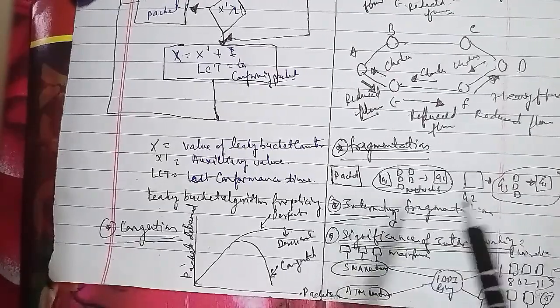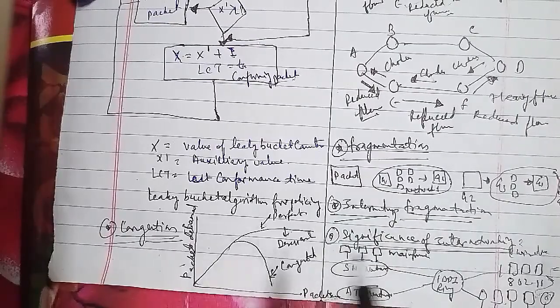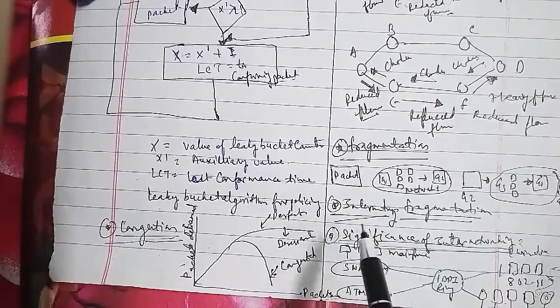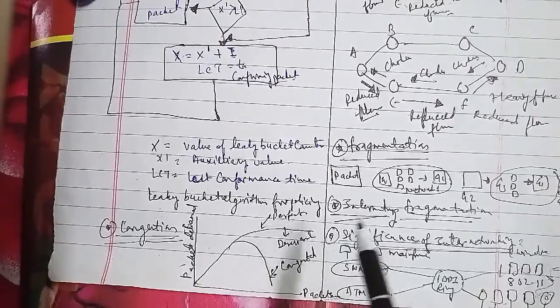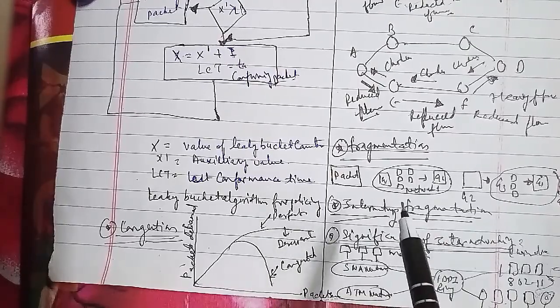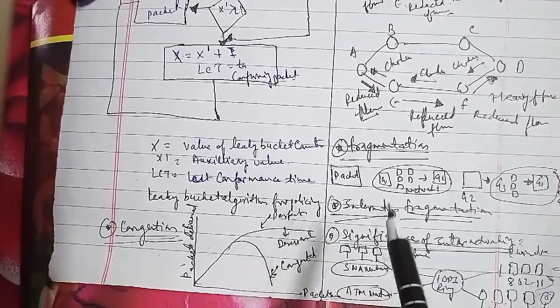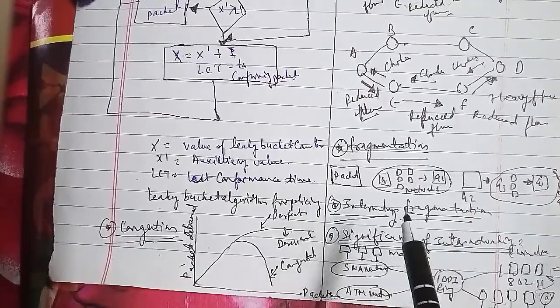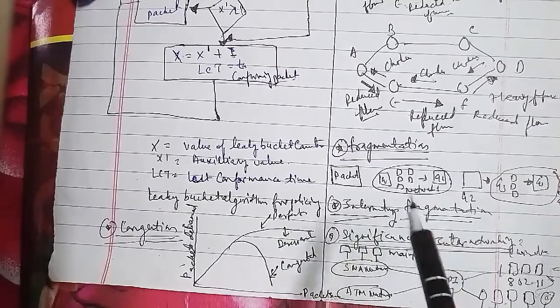The second we have is protocols. In the protocols, the possibilities are IPX and SNA, and then of course ATM and MPLS, etc. Now the third one is addressing.